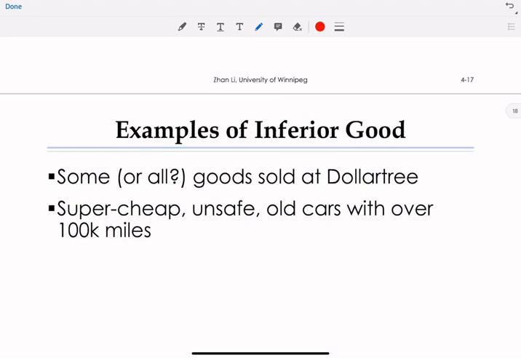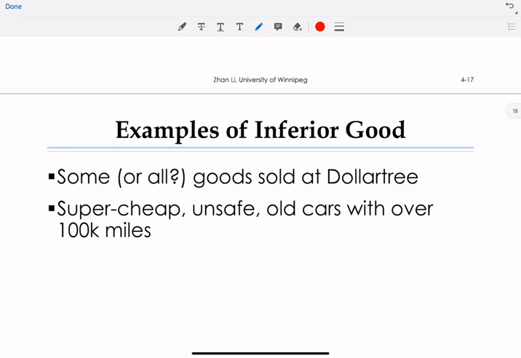But if you're 38 years old, right, let's say you have somewhat established yourself with fairly high income, then in this case, it's possible you will not buy a used car, right? Instead, you could buy a new car.